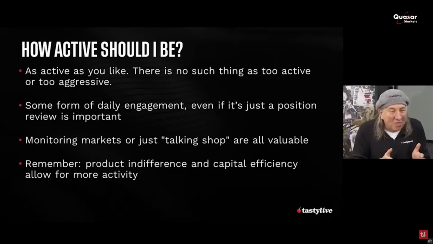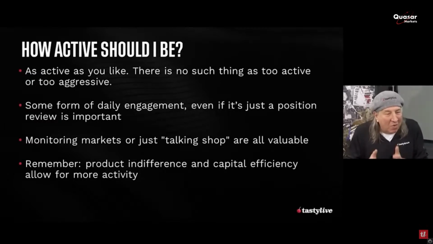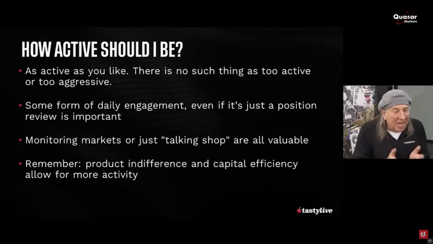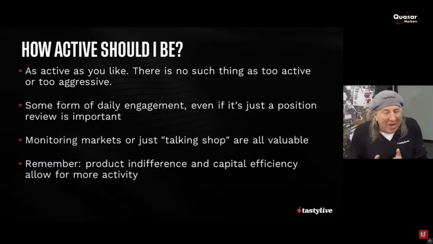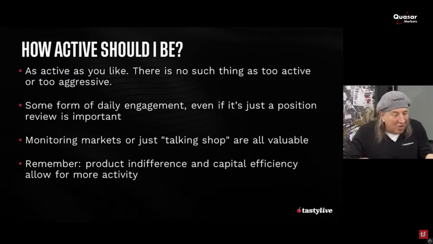And then remember, and this is so important for me, product indifference and capital efficiency allow for more activity. If you're all locked up in equities, you're trapped like a rat. If you're all in certain commodities, you're trapped. You need to be in products that are more capital efficient than others. You need to be indifferent to product.